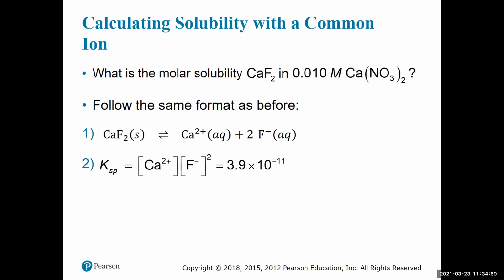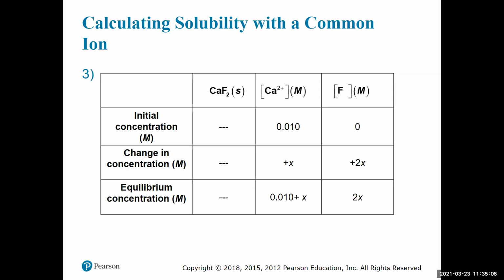So now we have our expression. And we know we've added 0.01 molar calcium nitrate. So we'll have our box again. Because it's a solid, the calcium fluoride doesn't participate in this. But we're told that the solution is 0.01 molar calcium plus 2. And before any dissociation of that solid has happened, the fluoride is 0.